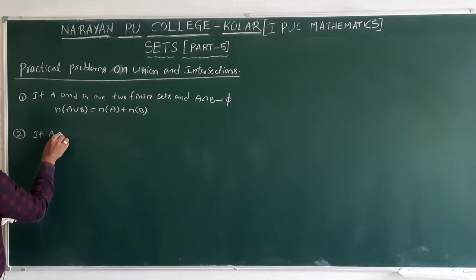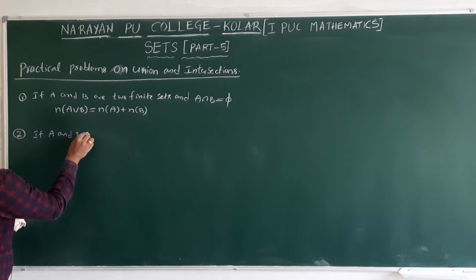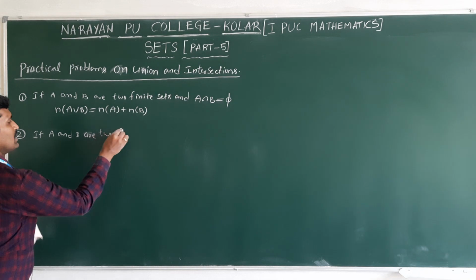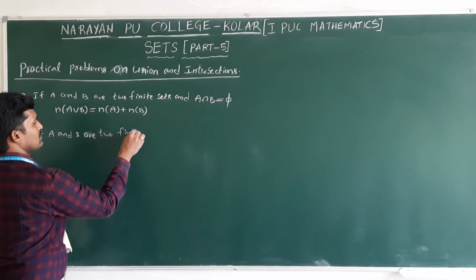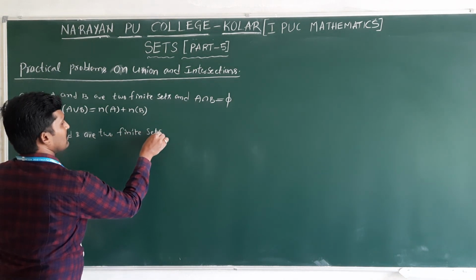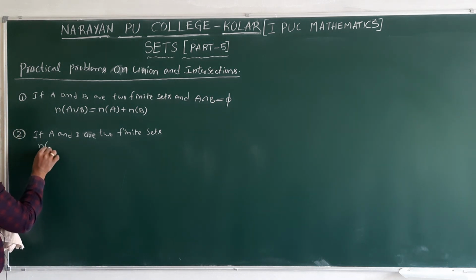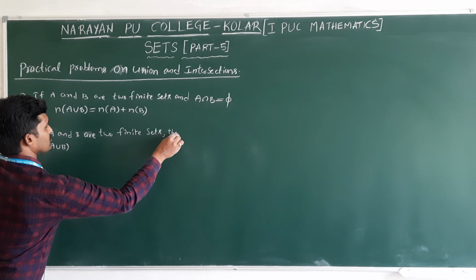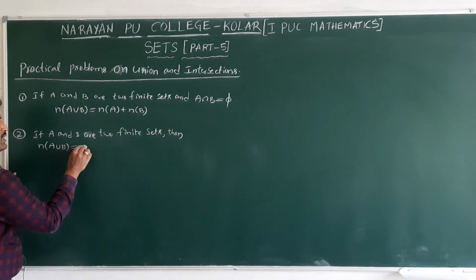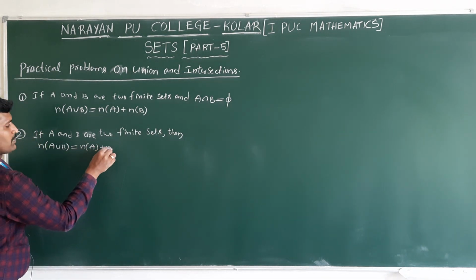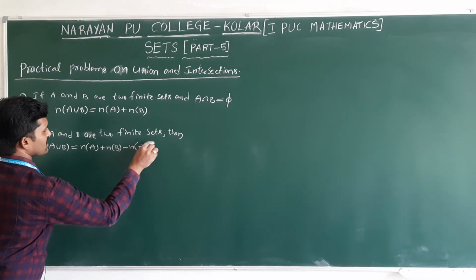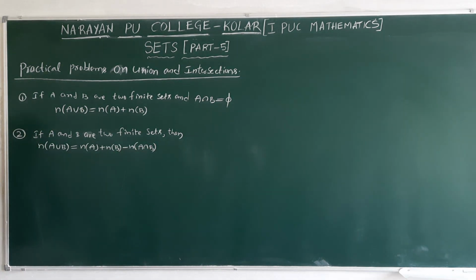If A and B are two finite sets, then n of A union B equals the general formula n of A plus n of B minus n of A intersection B. How to prove this one?